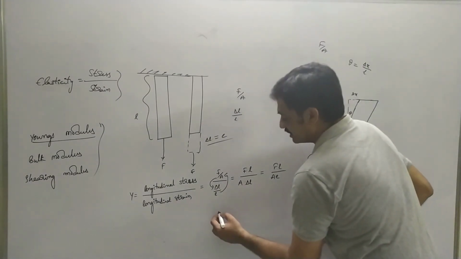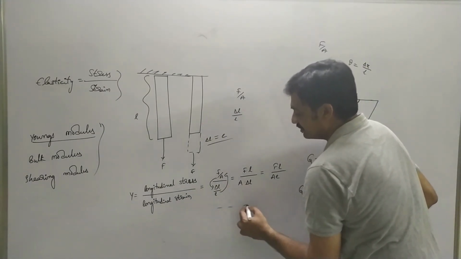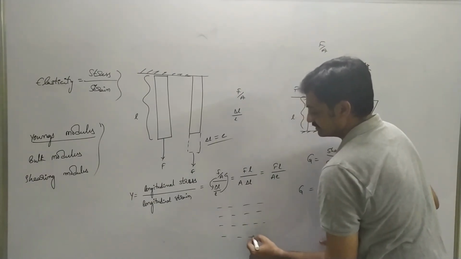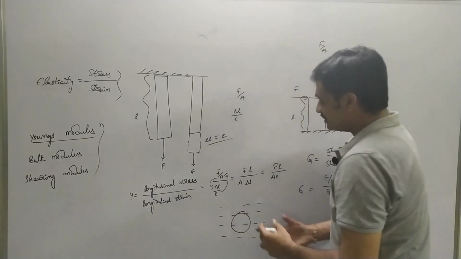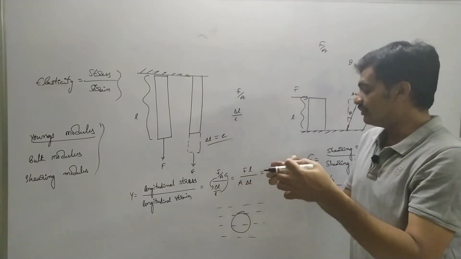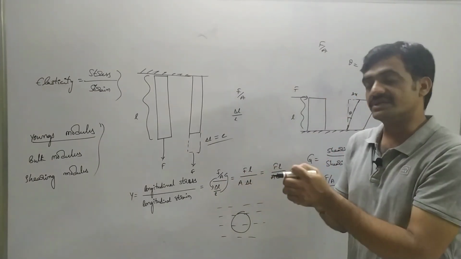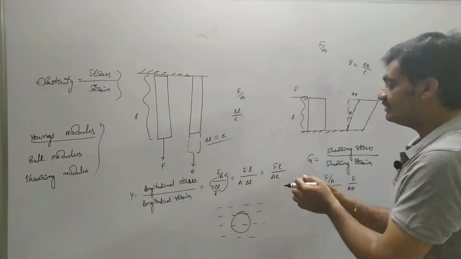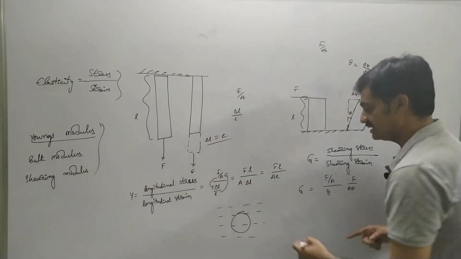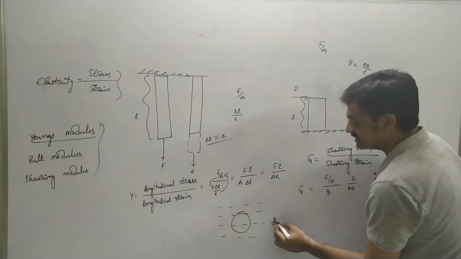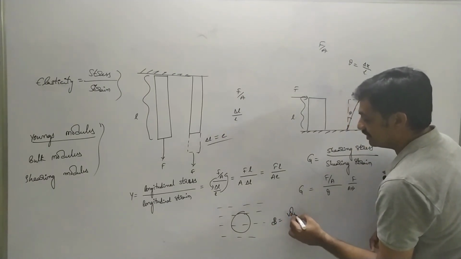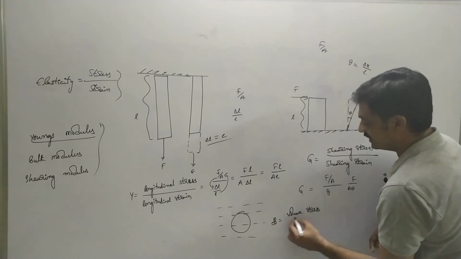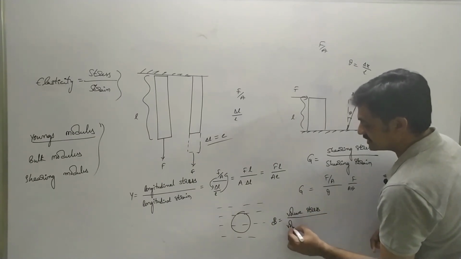In the case of bulk modulus, if we consider a body in a liquid, due to this liquid, the volume of the body will be compressed. So as the body has been compressed, we can represent the bulk modulus as volume stress by volume strain.